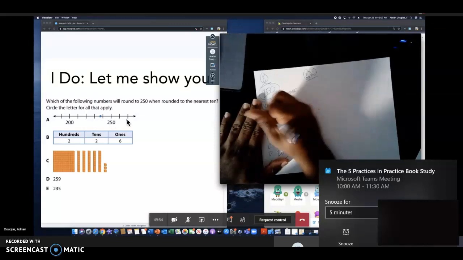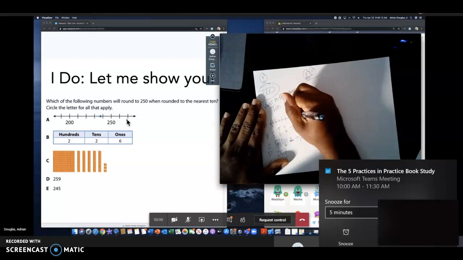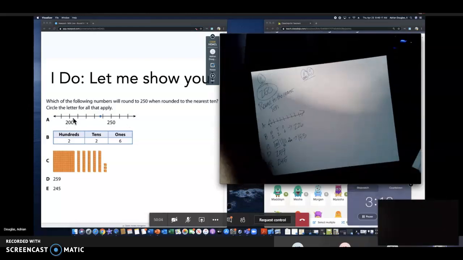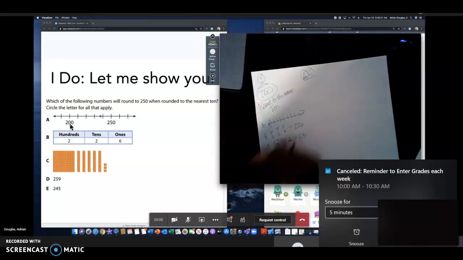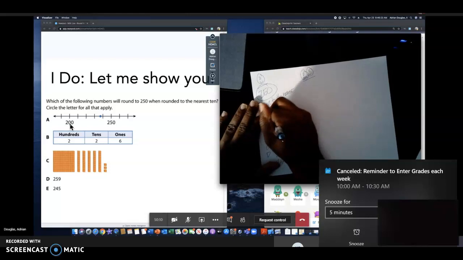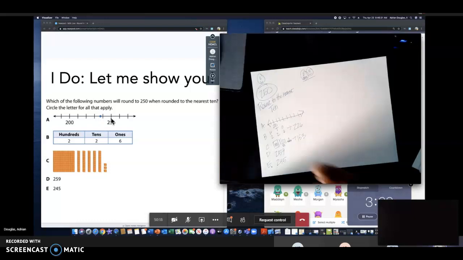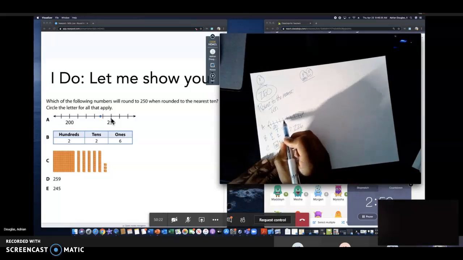I see that on the second sequence, the number 200 is marked, and 250 is 1, 2, 3, 4, 5, 6, 7.